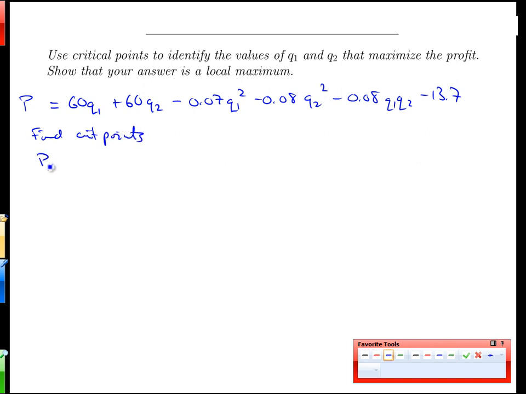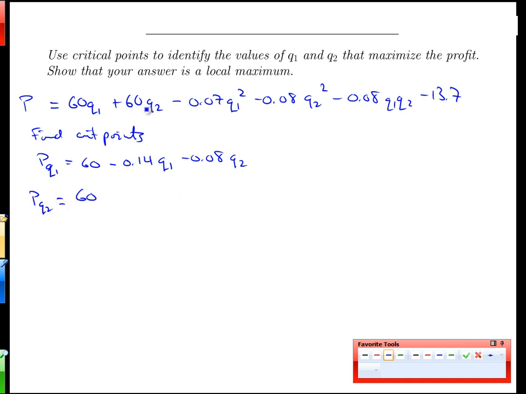And for that, we need to take the derivative with respect to Q1. We're going to have a whole host of subscripts running around here. That's just the way it is. The derivative with respect to Q1 is 60, minus 0.14 Q1 here, minus 0.08 Q2 there, and the derivative of a constant is 0.